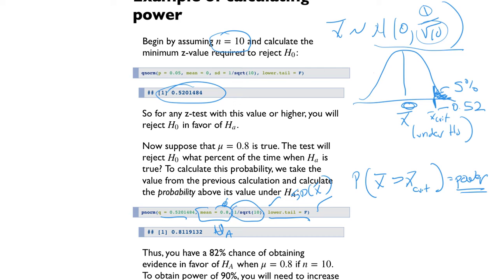When we do that, we get the power, and that is this quantity here. That suggests that we're not quite at 90%, so we have to increase the sample size. It's greater than 80, so if the power you desired was 80 or greater, 10 is a good sample size for that. So let's keep increasing n and see when this probability gets beyond the value that we want, which is 0.9.